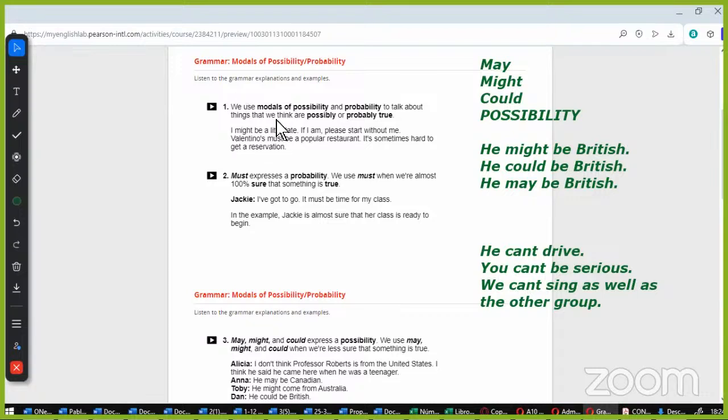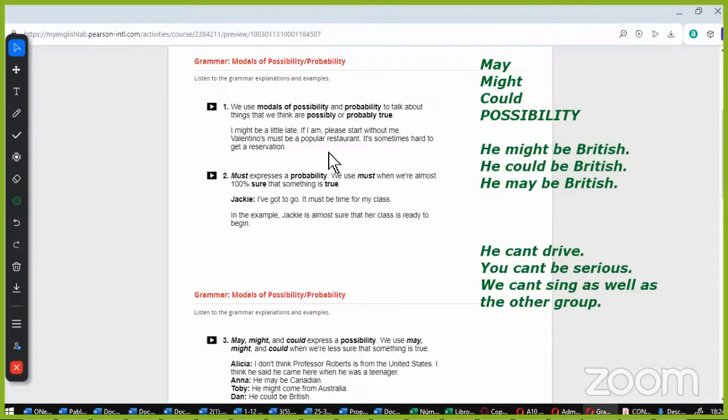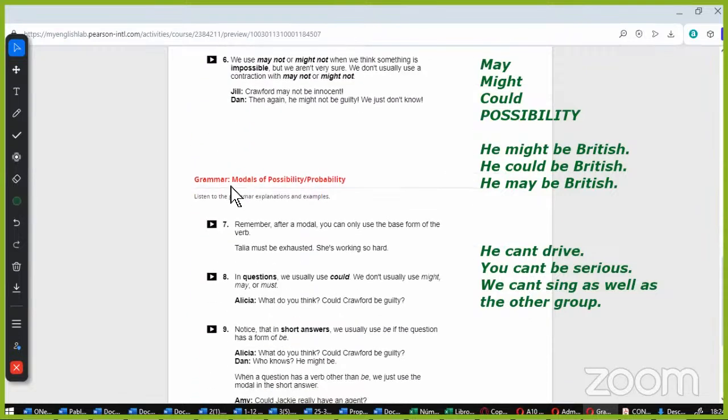Okay, but it's less sure than number 2, must? Yes, that's right. Must is almost 100%. And can't and couldn't are like the same, but negative. We're almost 100% sure that it's impossible. Okay, and any other question there?